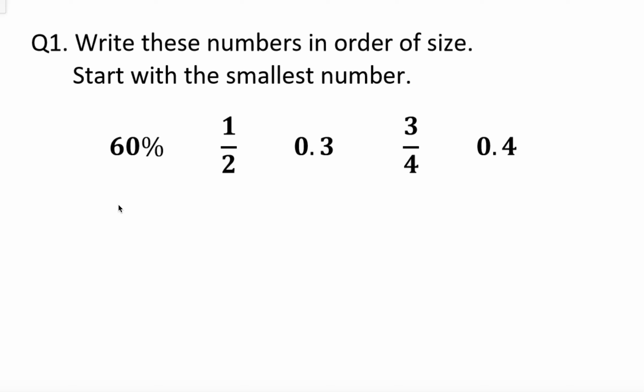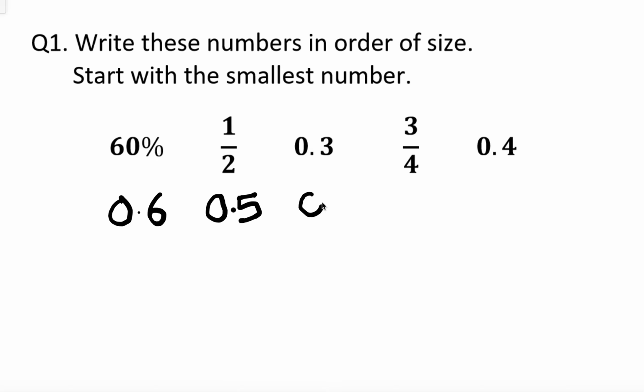Well, 100% is 1, so 60% is going to be less than 1, and 60% is actually 0.6. A half, right. So if you've got 100% and you cut it in half, you're left with 50%, which is actually 0.5.